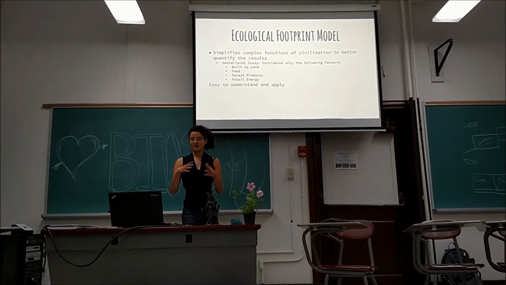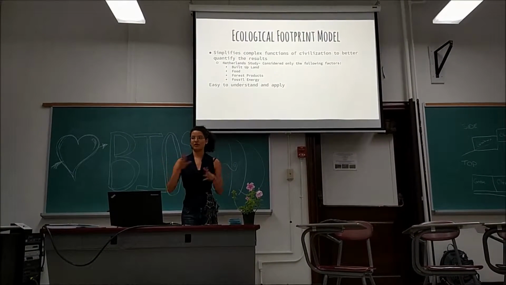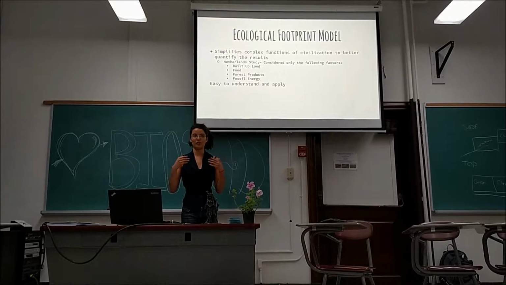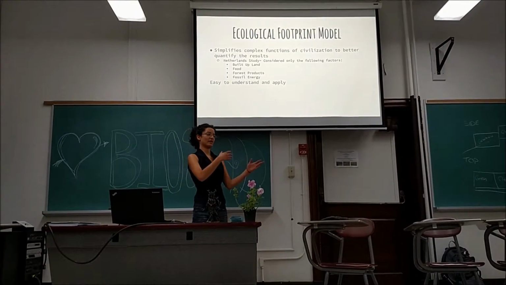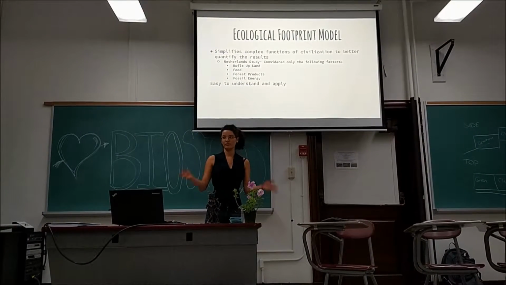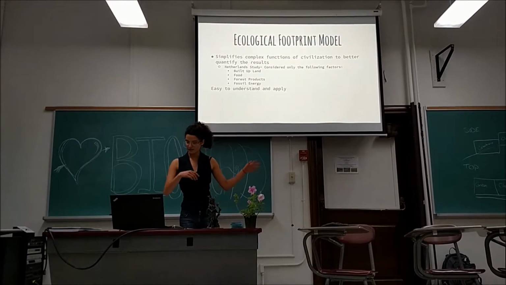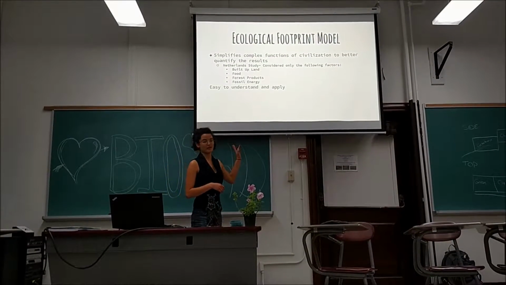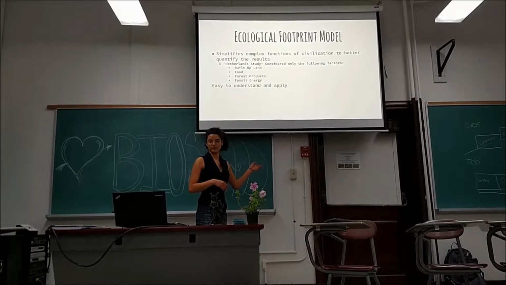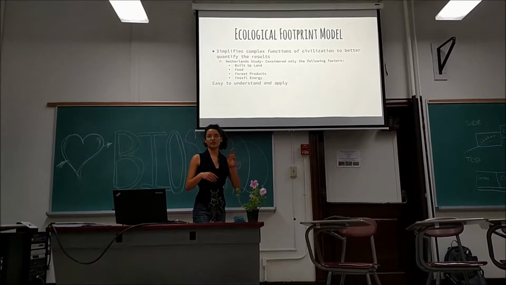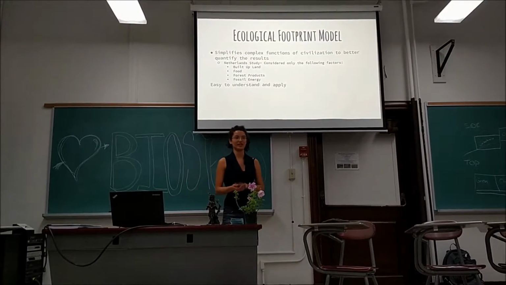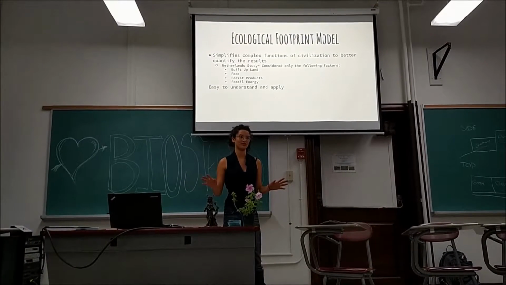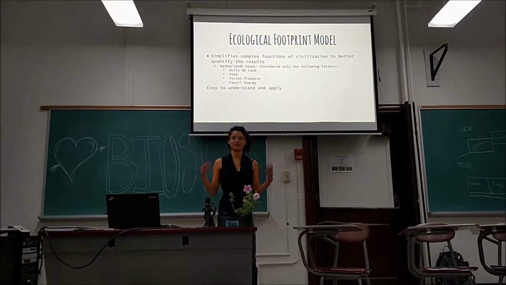What's nice about it is that it simplifies complex functions to help better understand and make it more presentable to people overall. So one of the things that I wanted to compare first was the Netherlands study that they did specifically, where this particular study was done in the 1990s, so I don't know what the population level of the Netherlands is at this point.